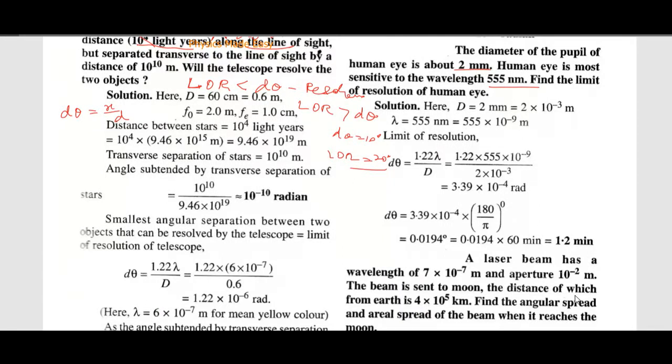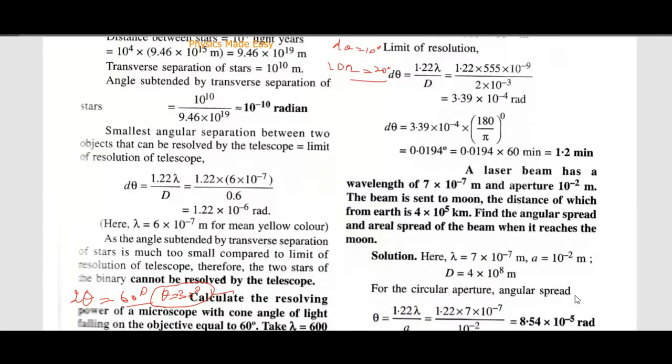A laser beam has wavelength of this and aperture of 10 raised to power minus 2 meter. A beam is sent to moon. The distance of which from earth is this. Find the angular spread and the aerial spread. Yes, a laser beam of wavelength lambda is given.